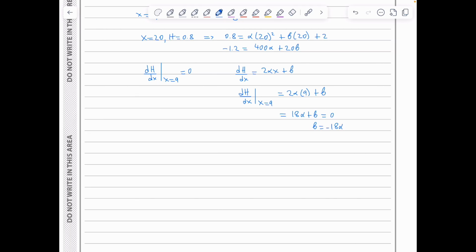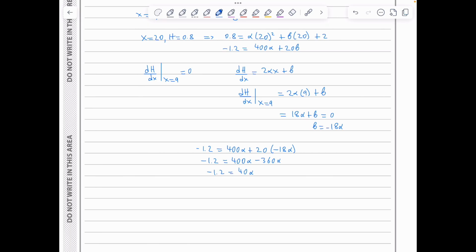So again, I'm dealing with simultaneous equations. I'll substitute beta equals negative 18 alpha into this equation to get the value of alpha, and then proceed with beta. So we've got negative 1.2 equal to 400 alpha plus 20 times negative 18 alpha. So negative 1.2 is 400 alpha minus 360 alpha, and therefore negative 1.2 is 40 alpha.